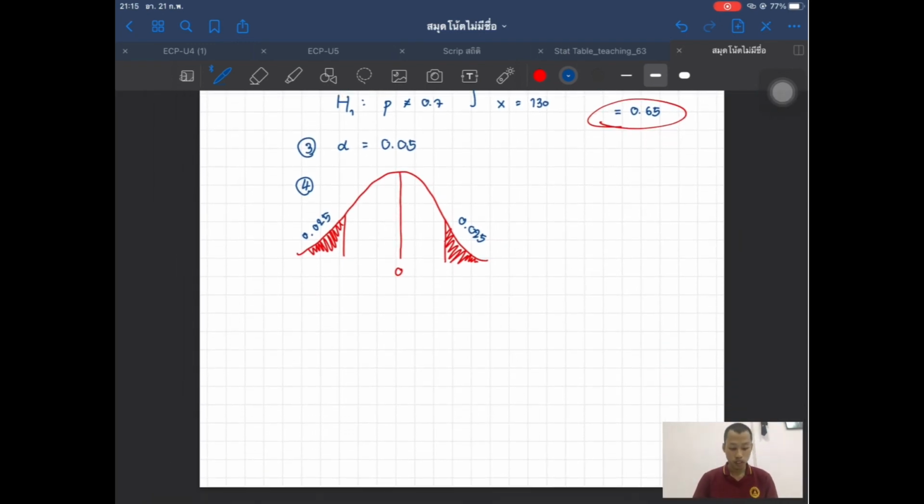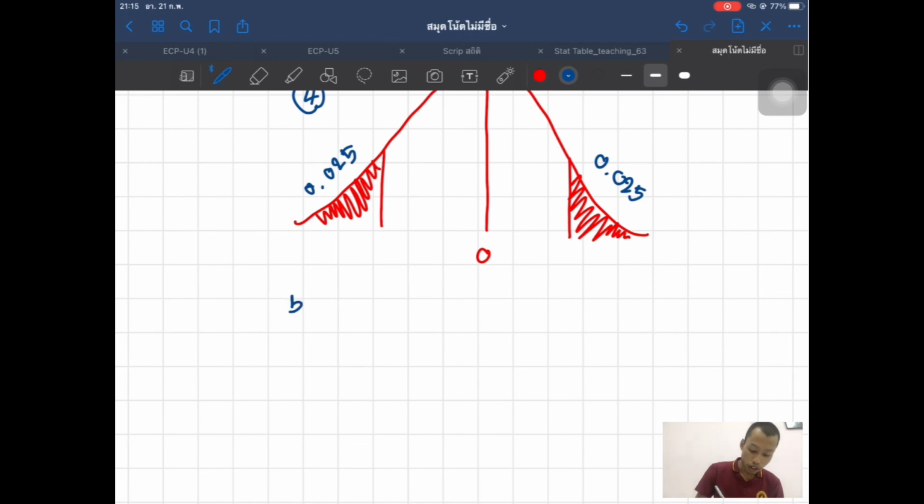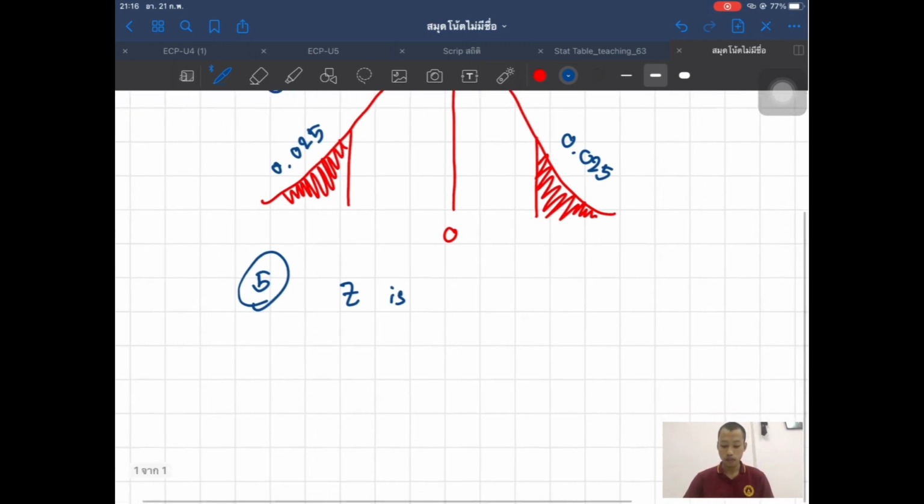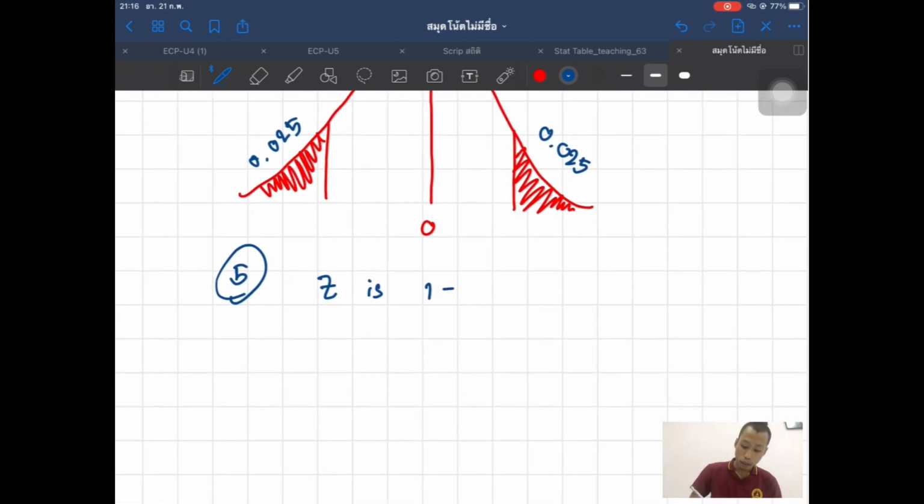Okay, so step 5, we're gonna open the Z value table. Z value is 0.025, which is equal to 0.975.